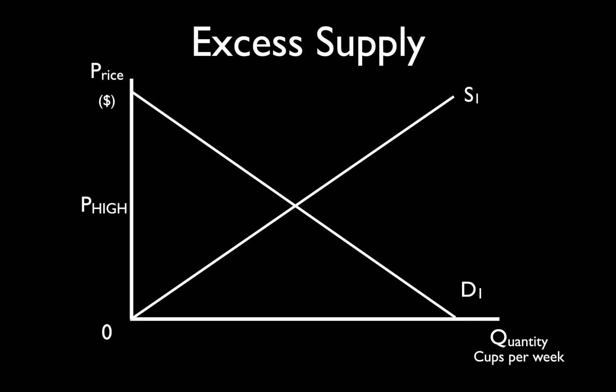So P high is not P high anymore. P high becomes what? The equilibrium price. Because this will continue to happen until the sellers of the good, in this case cups of coffee, their stocks of all the raw materials, the coffee and the paper cups and all that kind of stuff, are selling the amount that they are bringing in.